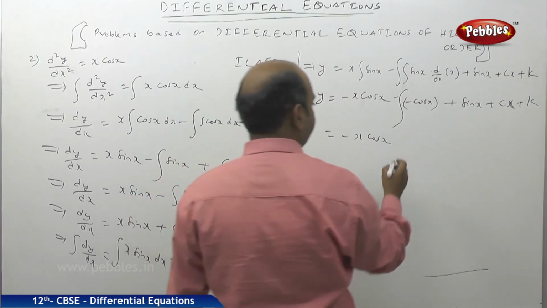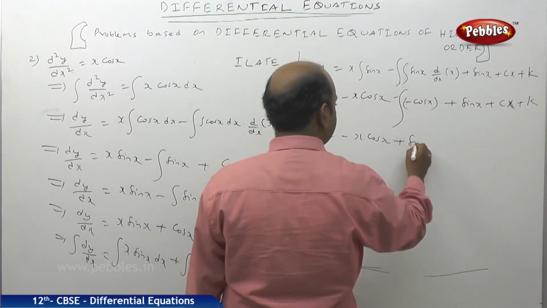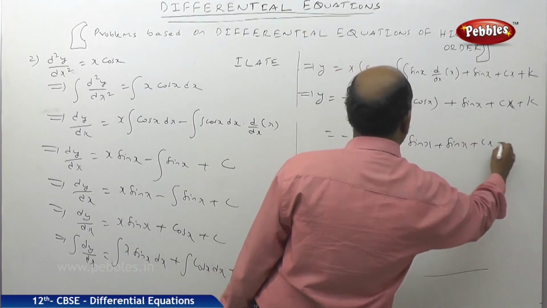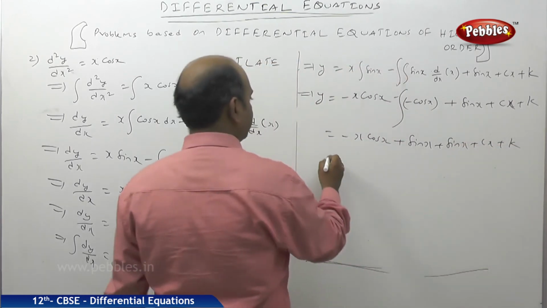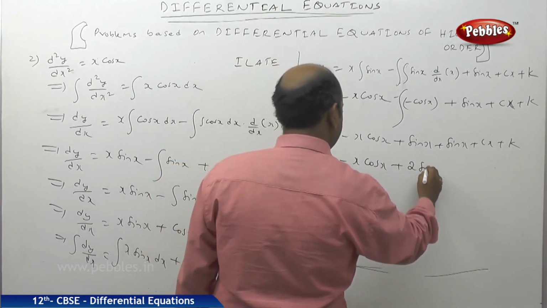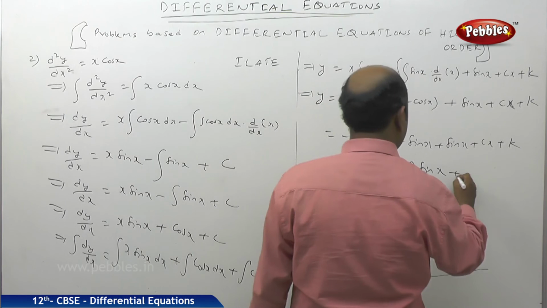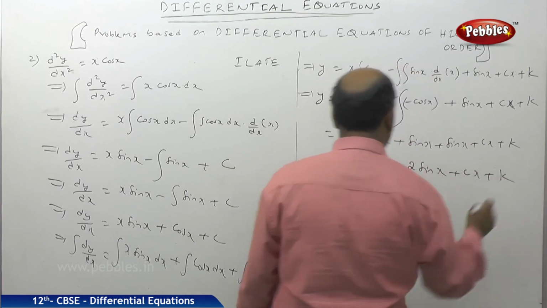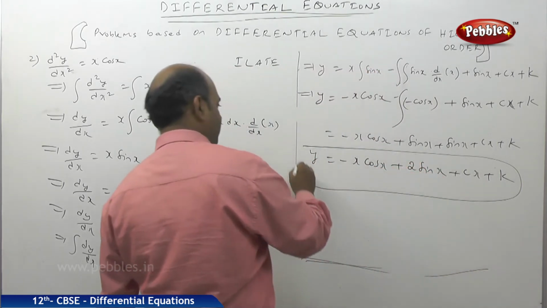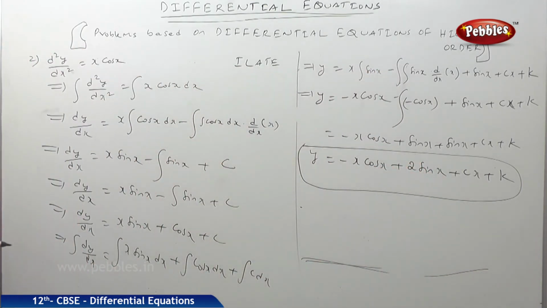Minus will be plus. So sin x plus again sin x plus cx plus k. So what happens? Minus x cos x plus 2 sin x plus cx plus k. So this is y. So this is our general solution.